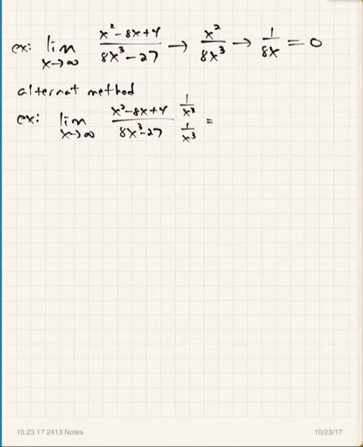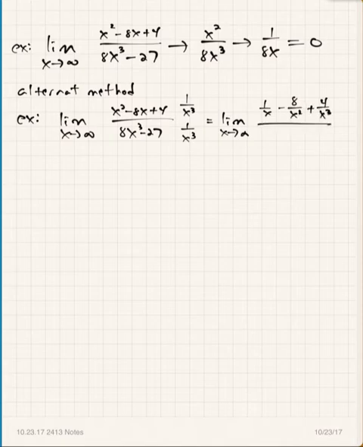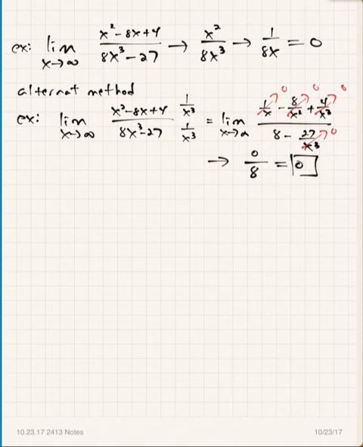That gives you 1 over x minus 8 over x squared plus 4 over x cubed in the numerator, and the denominator would be 8 minus 27 over x cubed. Then all the little fractions go to 0. And what are you left with? You're left with 0 in the numerator and 8 in the denominator. You get the value 0 for the limit. So you get the same answer, just a different way of reasoning to get to 0.